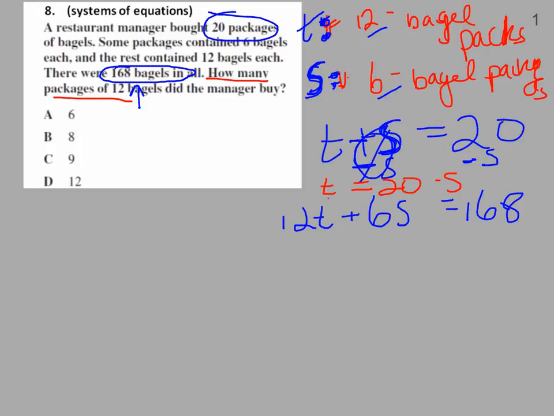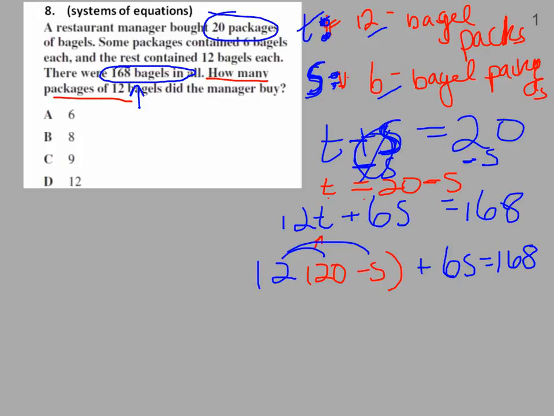Since T is the same as 20 minus S, I'll get rid of this T and call it 20 minus S. Everything else is the same. It's like we're rewriting a sentence, but this one word is different. So 12 times (20 minus S) plus 6S equals 168. And we have to distribute here.